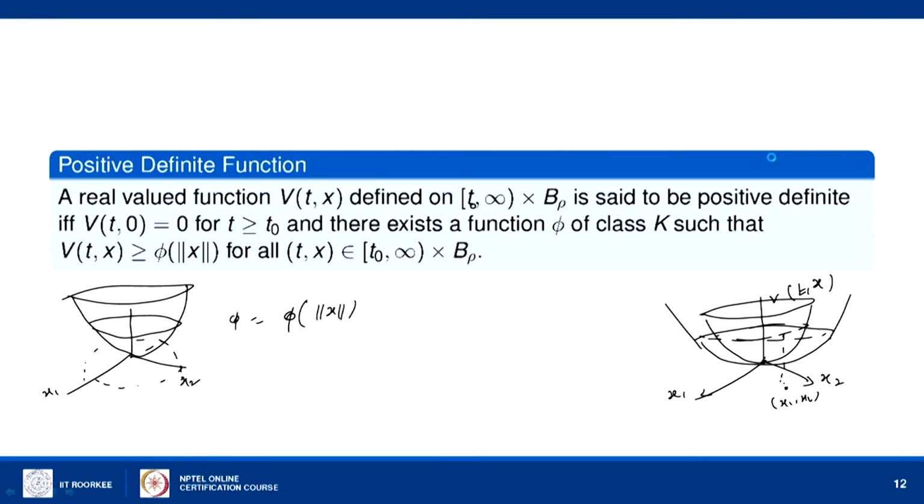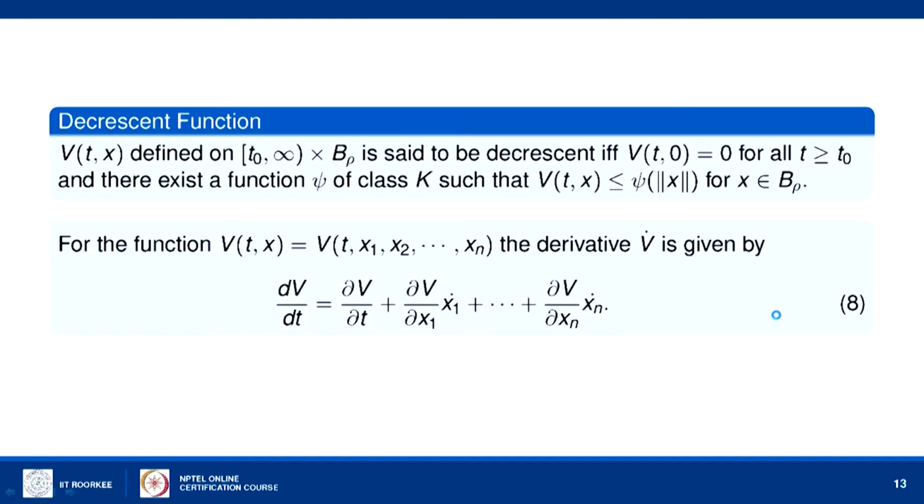Here we have seen that there should be a surface of class K below the surface defined by V. Now, for decreasant we should find a surface of class K above the surface V. So, that is the difference between positive definite and decreasant.